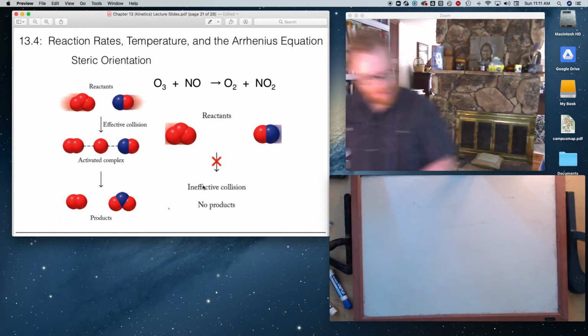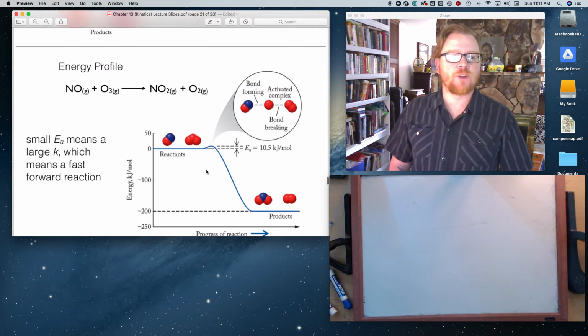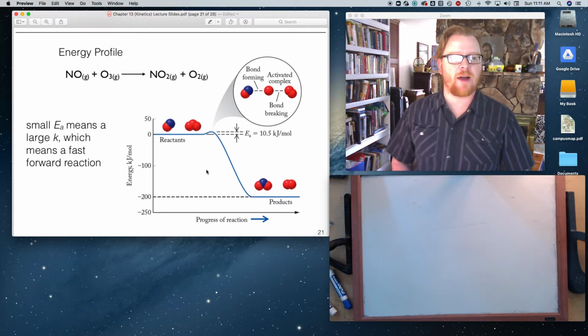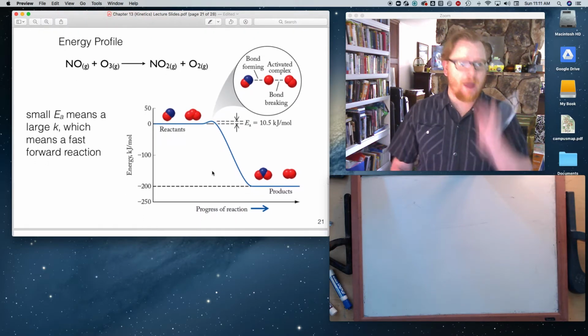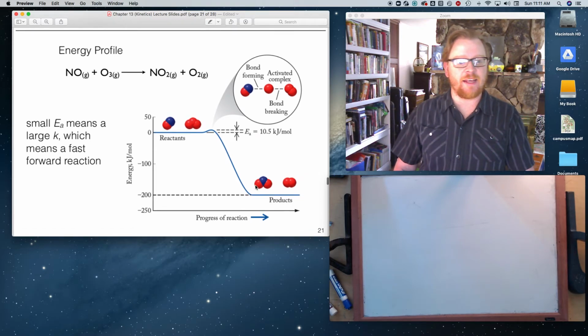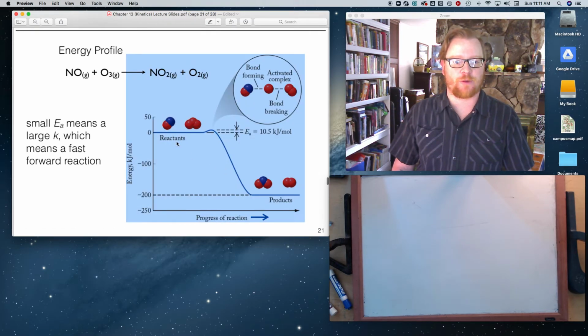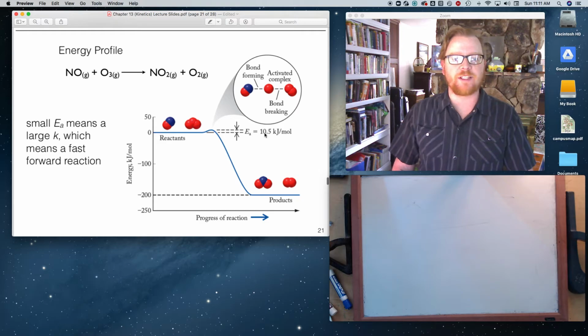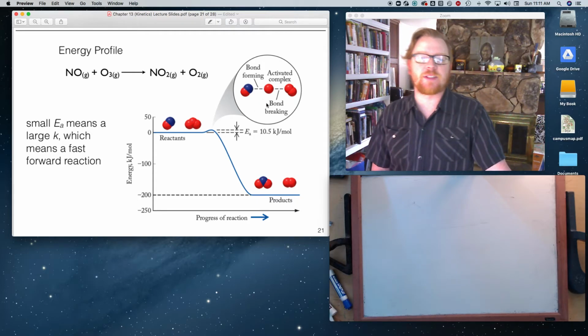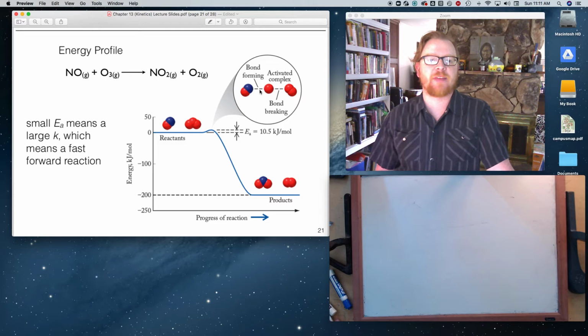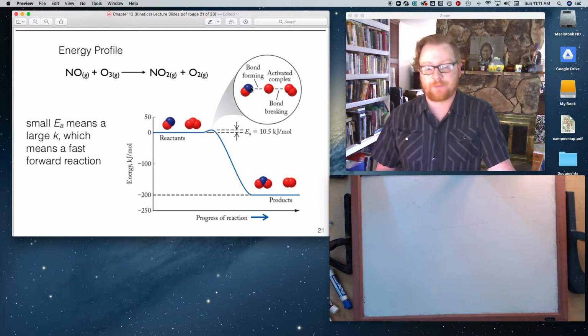So let's see, moving along. Here's a real example of what we just talked about. And you can see here, this is a very exothermic reaction with a really small activation energy. It's the same reaction that we were just talking about, okay? And it's showing you this nice picture here of the activated complex, where at the same time you have the oxygen from the O3 bond breaking and the oxygen from the NO molecule forming.